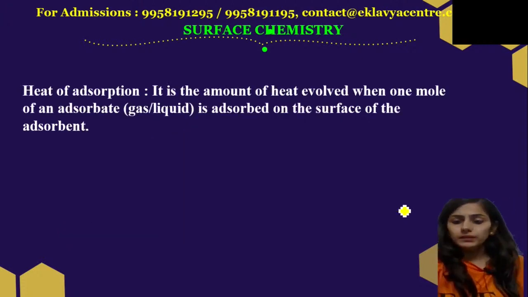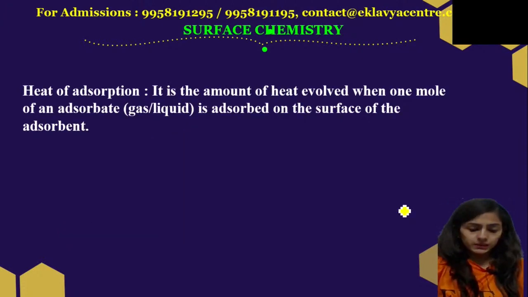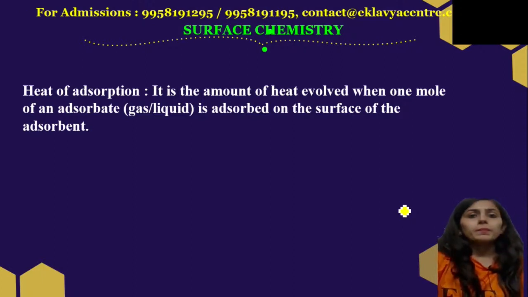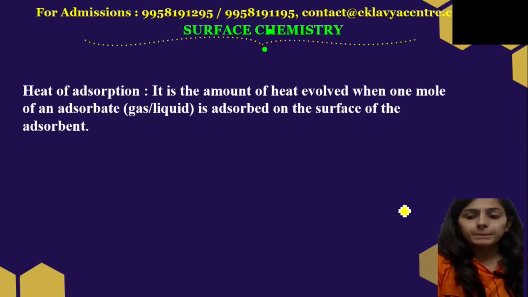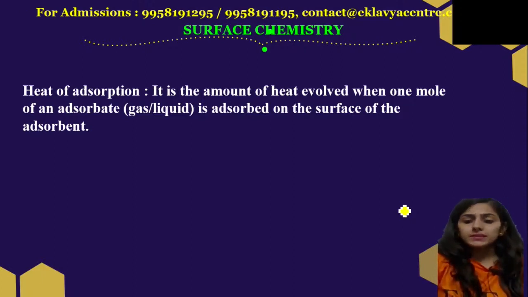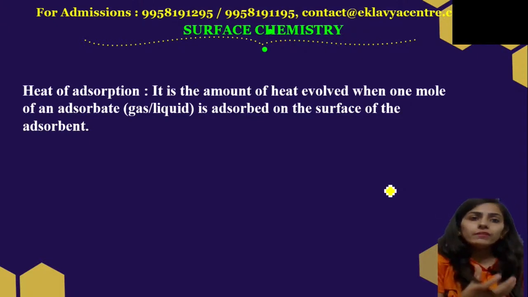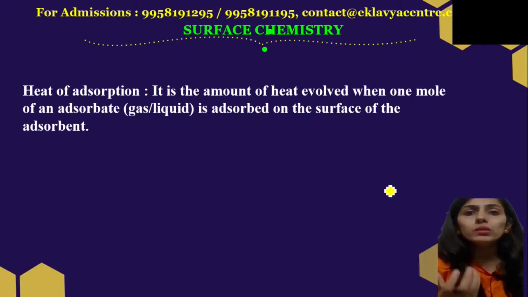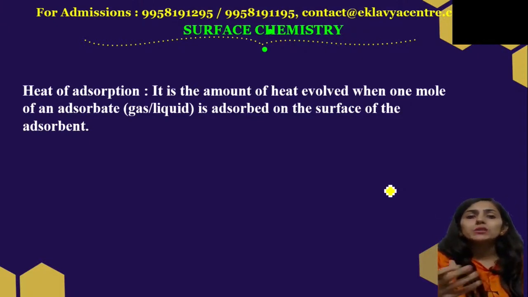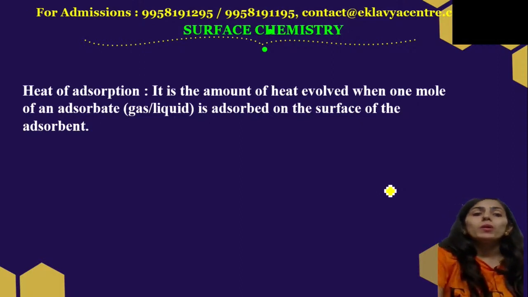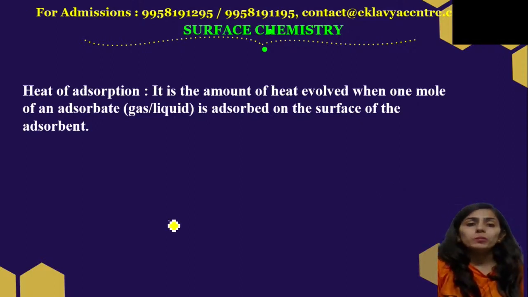Now let us discuss heat of adsorption. It is the amount of heat evolved when one mole of an adsorbate, that is gas or liquid, is adsorbed on the surface of the adsorbent.